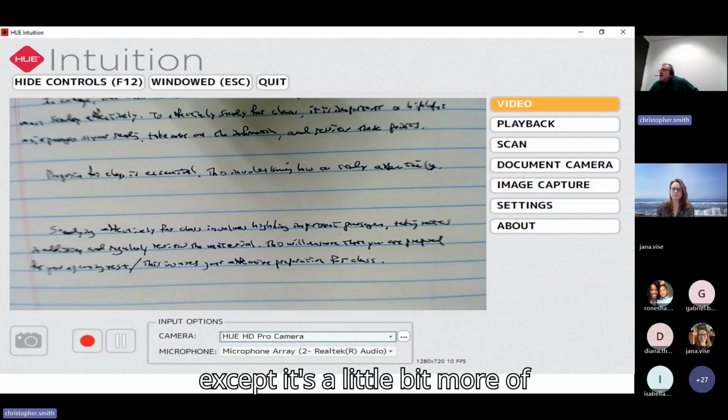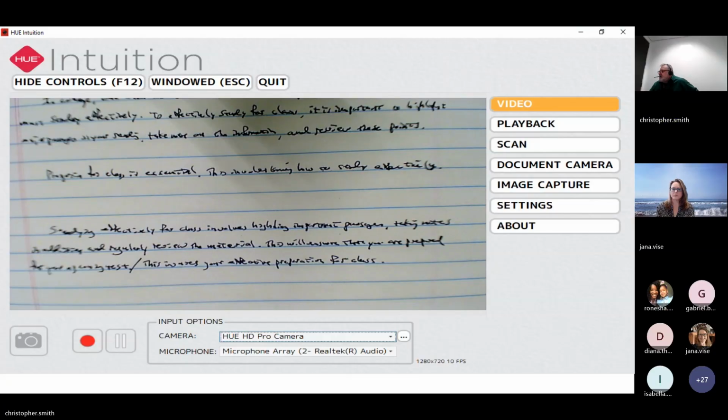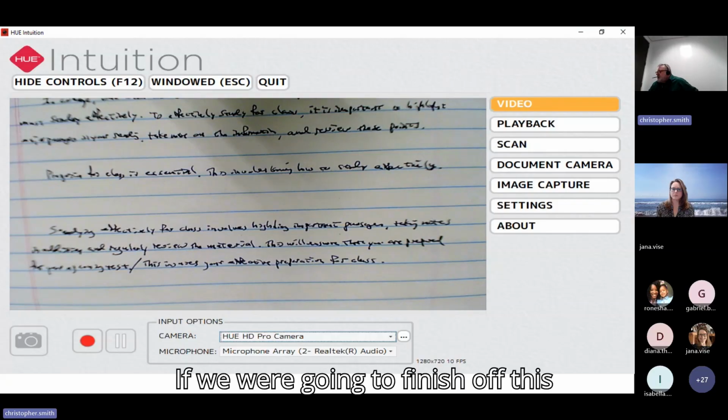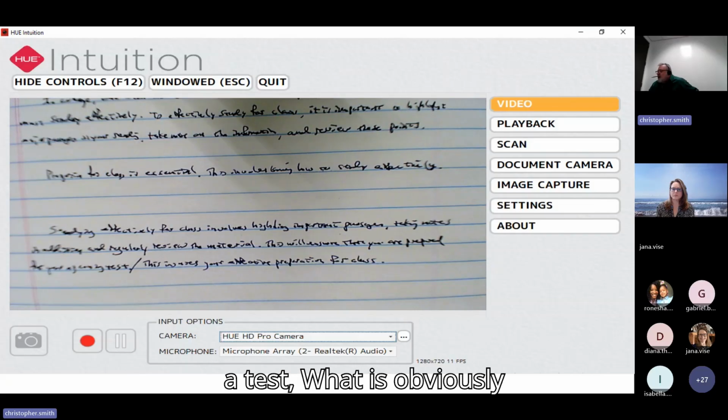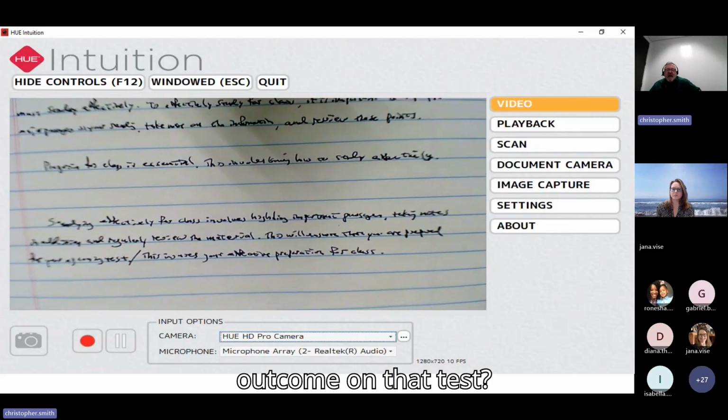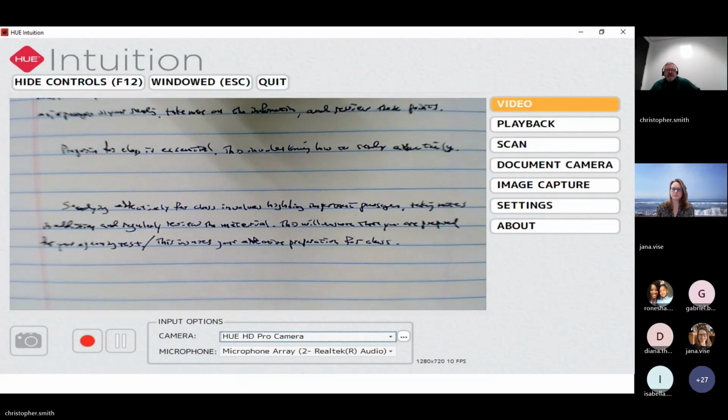Except it's a little bit more of prophesizing the future rather than stating a current situation. So if we were going to finish off this paragraph with the idea of preparing for a test, what is obviously our desired outcome on that test?